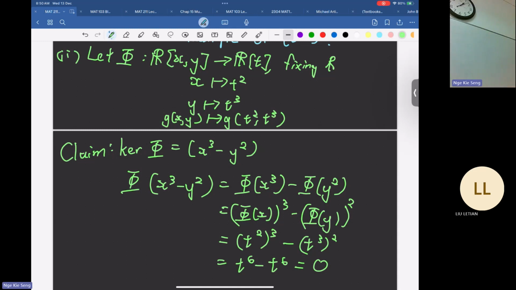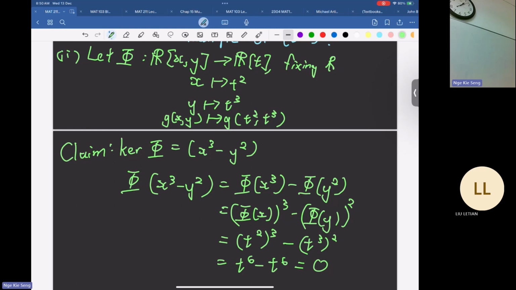From right to left is easy, because you already know this goes to 0, and multiples of it surely go to 0 by the homomorphism. How about the other direction? You need to use division with remainder. This example is done in the book, and I will also include it in the lecture notes.